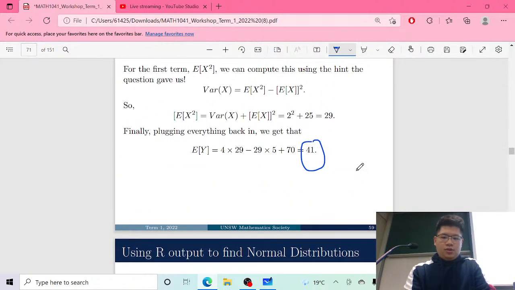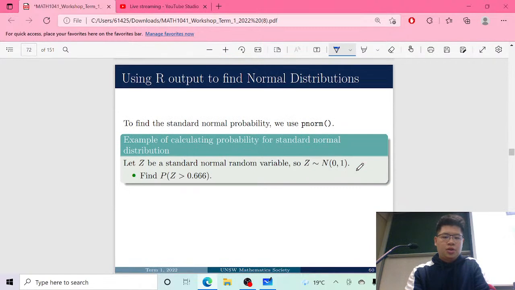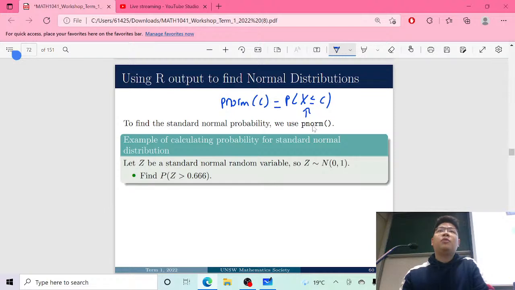Cool. So that was an interesting question from the past, and we're just going to move on slightly about normal distributions. To find the standard normal probability, we use p-norm here. I just want you to remember what p-norm is: if you do p-norm of c, it will give you the probability that X is less than or equal to c, X being a standard normal distribution, N(0, 1). I should have used Z notation.